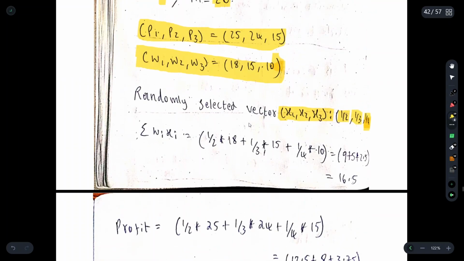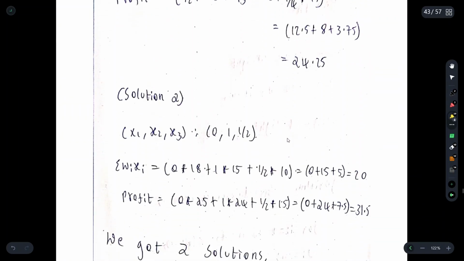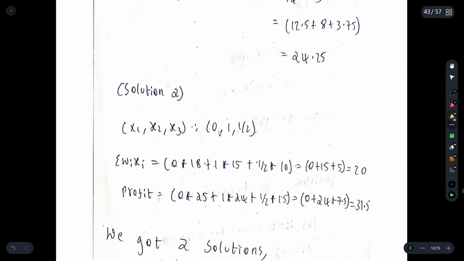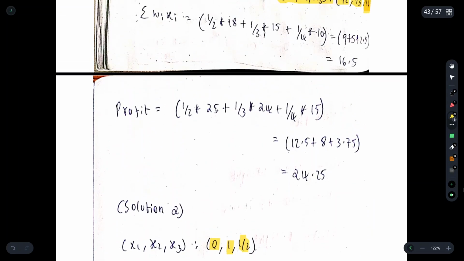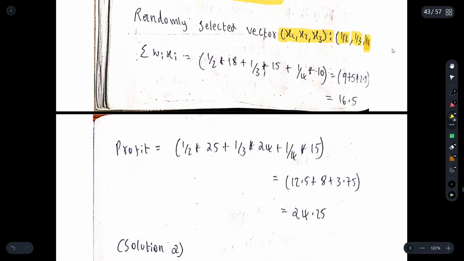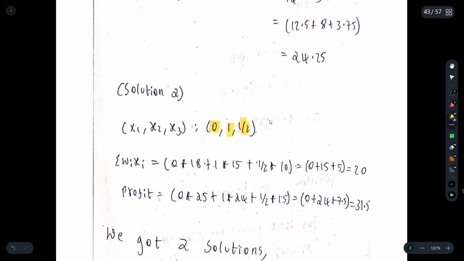So I will increase the value from this and try whether I can get something more. I am considering the second solution as 0, 1 and 1/2. These values can be randomly selected; we select one value and then increment from that.